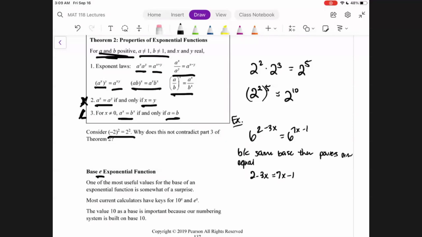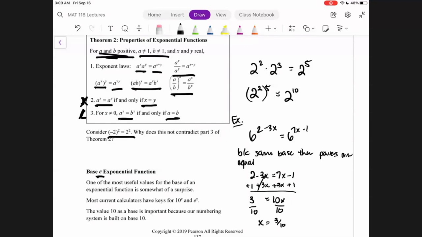So we would add over my 3x, add over my 1 to the left side, and I get 3. Those cross out. And I get 10x. I'll divide by 10 to both sides. I get x is 3 over 10. Okay. So if they have the same base, you just equate the powers, okay?